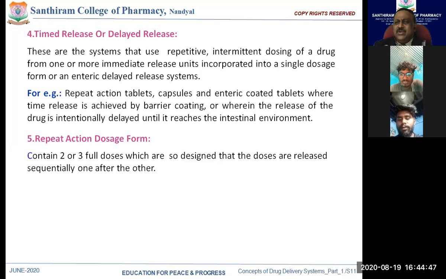So why do we need to have so many types with little differences? Because the situation demands, the disease demands, the disorder demands, the body condition of the patient demands. So keeping all these criteria, we pharmacists are formulating so many modern novel drug delivery systems.